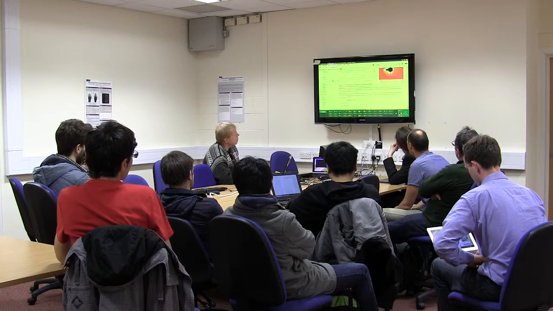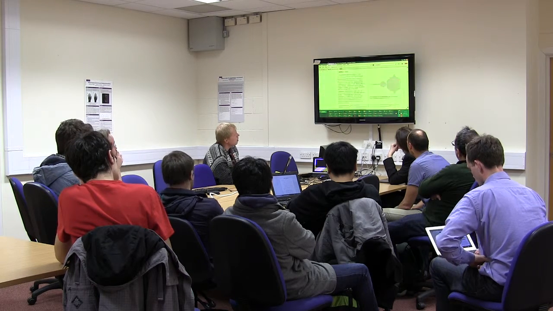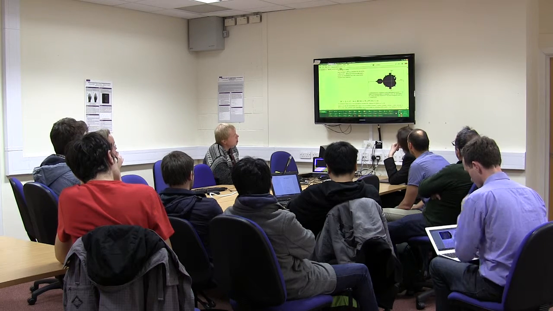What you do is, you have a point here that has an x and a y coordinate, if you want. And then you take the x and y coordinate and square it, and then you take the original point, add it on the result, and you iterate.